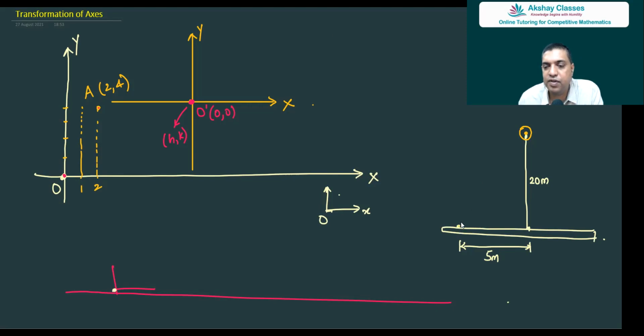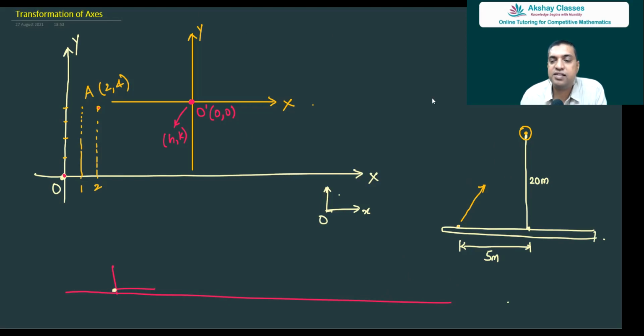If they have to hit this target, this is the origin now. So what is the angle to set, and what is the speed to set? If they have to fire an arrow to hit this target, they will have to see.